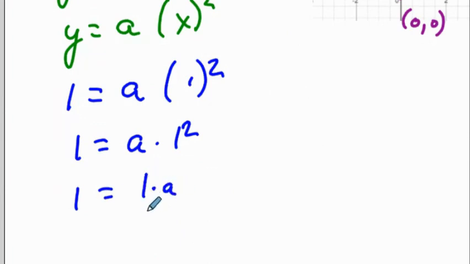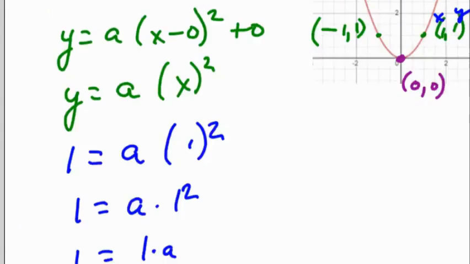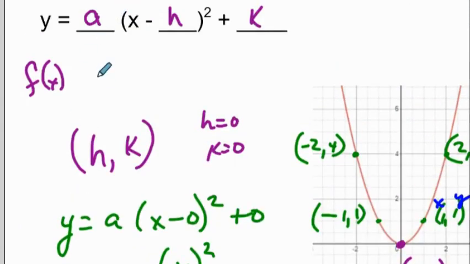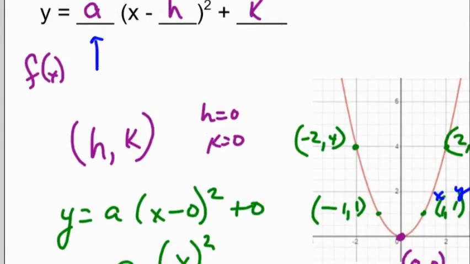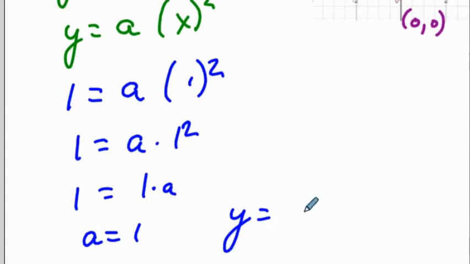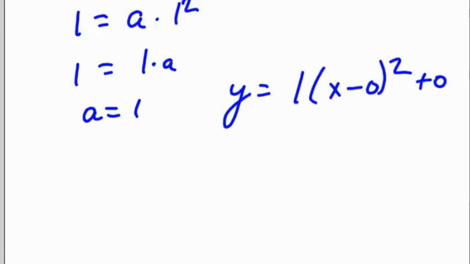We typically write the numbers in front of the letters. So divide both sides by 1, and I see here that a is 1. So the function of this equation is y equals, and I take that 1 and put it right here. If I wrote it out completely, it would look like this, but obviously I'm going to simplify that to say y equals x squared.